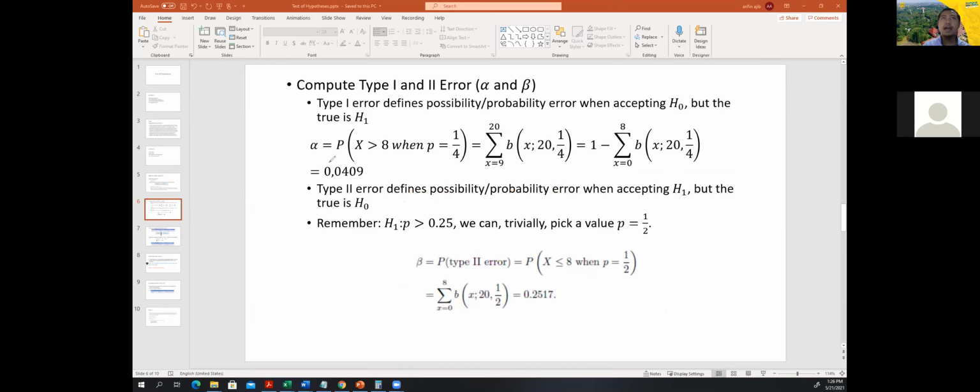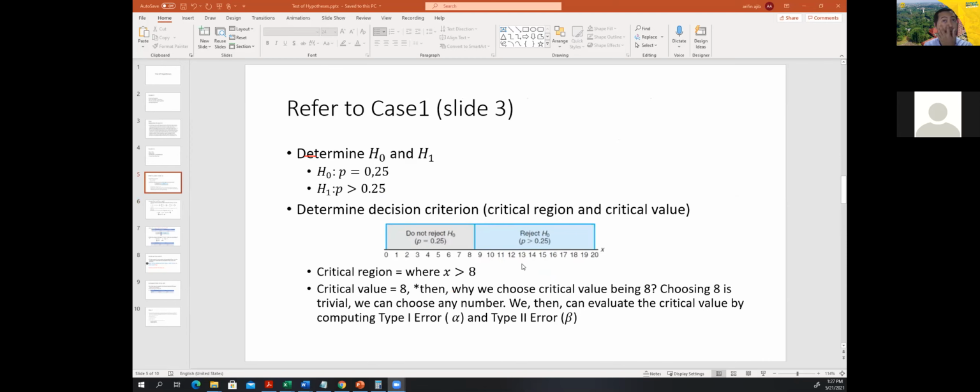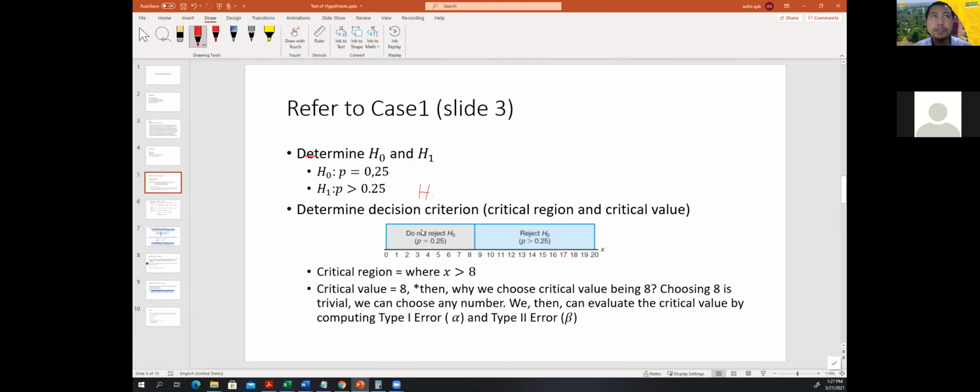Okay. And then how to compute? The type 1 error is alpha, and we need to know the probability of x greater than 8. Why greater than 8? Because we want to accept H0, right?